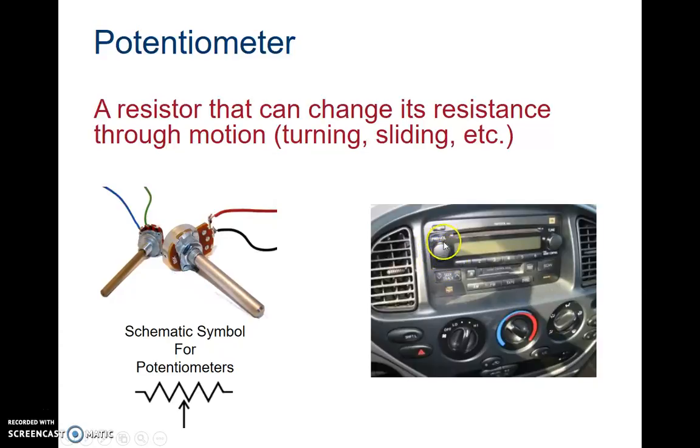That volume button you can turn, and if you turn it one way, clockwise typically, you can decrease the resistance in the audio system, making the speakers louder. If you turn it counterclockwise, the other way, it'll turn the volume down by including more resistance. Okay, so less electricity gets through to those speakers. So kind of neat. There's a couple examples in here. We're going to keep moving on.